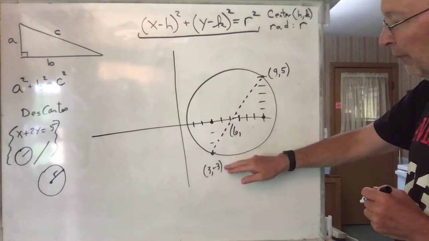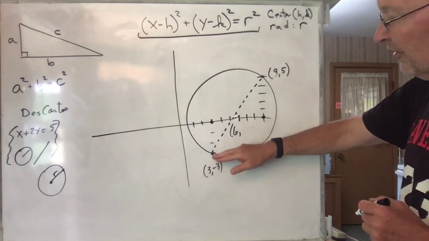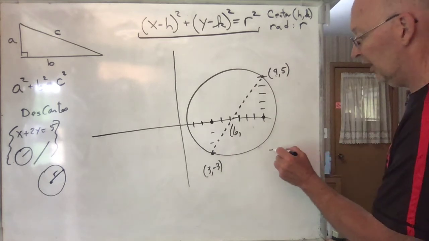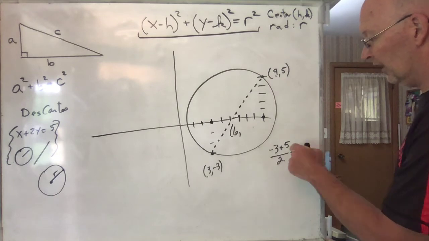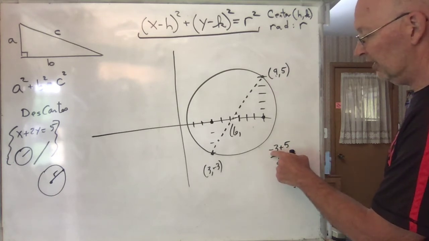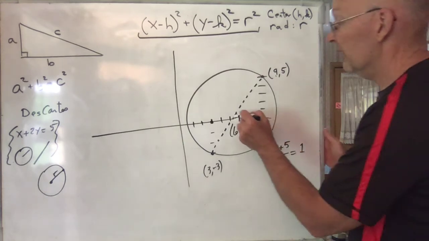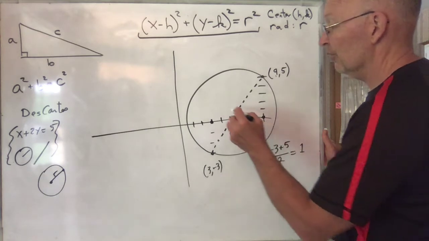What's the midway point between negative 3 and 5? This is 3 down, this is 5 up. If I take the average, 5 minus 3 is 2, and 2 over 2 is 1. So here's your center right there.